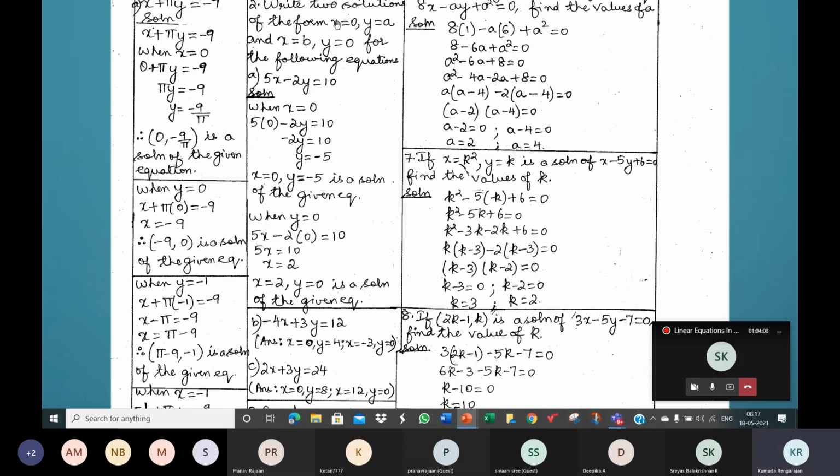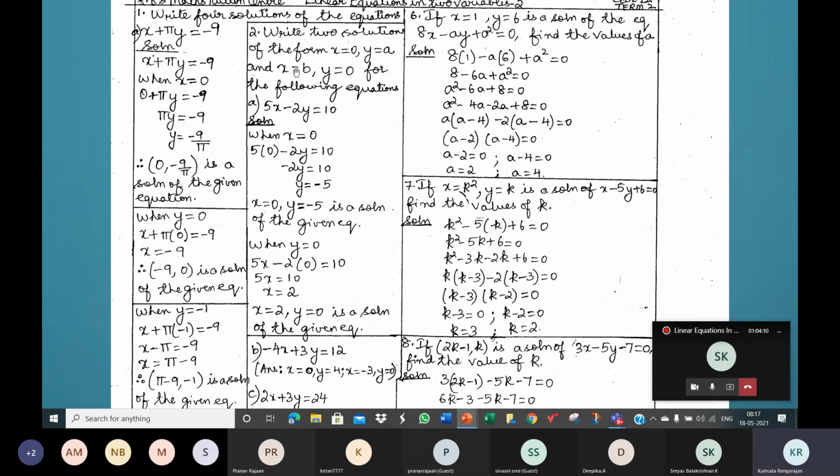So of the form x is equal to 0 and y is equal to a means take x as 0, find the corresponding value of y, and take y as 0, find the corresponding value of x.